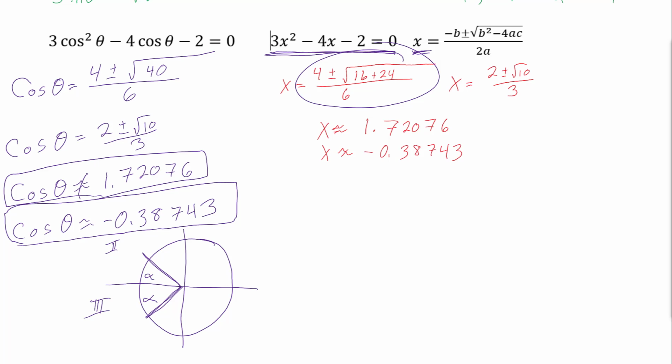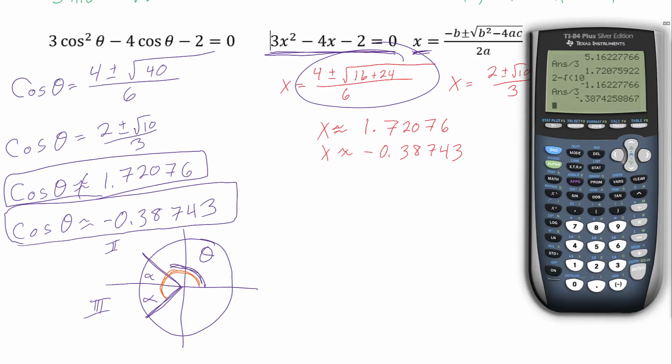So I'm going to plug this value into my calculator, and I'm going to take the inverse cosine of it, and that will give me an initial value, a theta here. Then I'm going to have to use that to come up with my second theta, which will be an angle that comes around to here. And again, these two will share a common reference angle. So let's look at that.